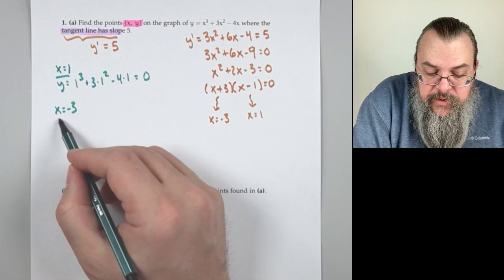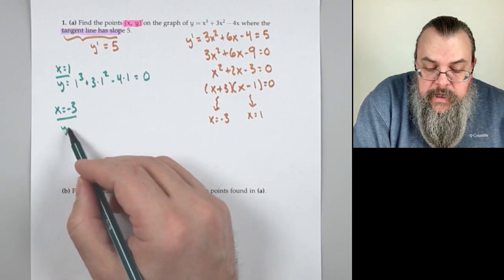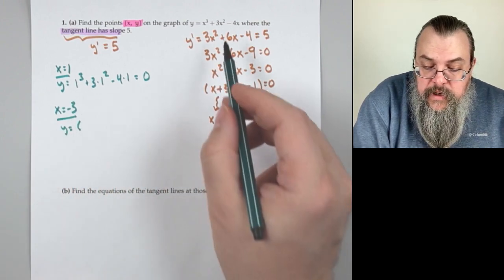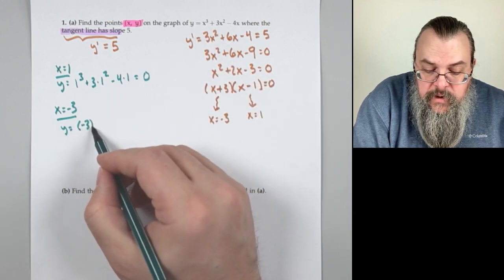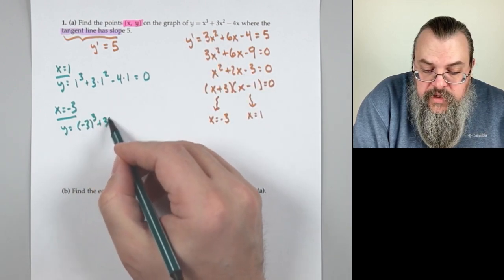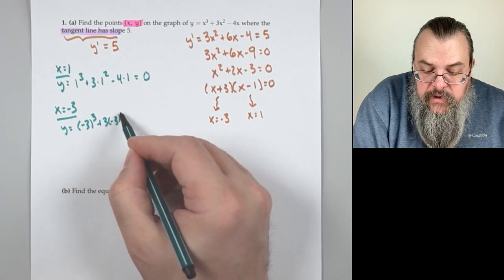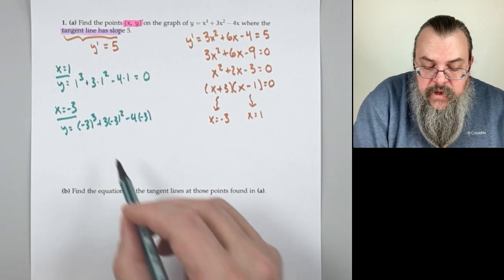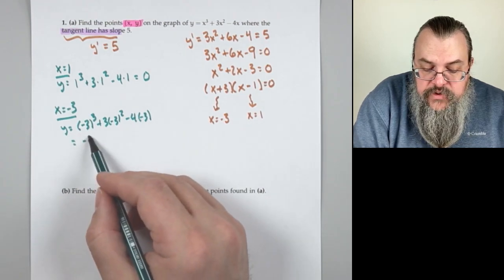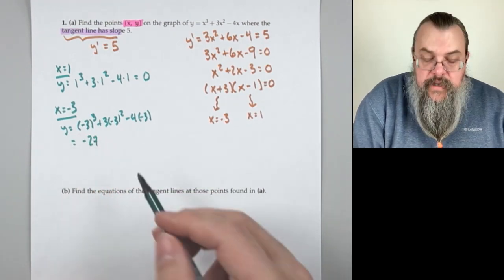Well, let's do the other one. x equals negative 3. So we get y equals negative 3 cubed plus 3 times negative 3 squared minus 4 times negative 3. Well, that's minus 27, because when you cube a negative, it's negative.